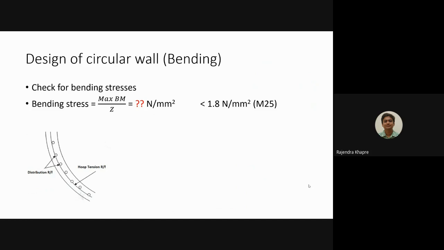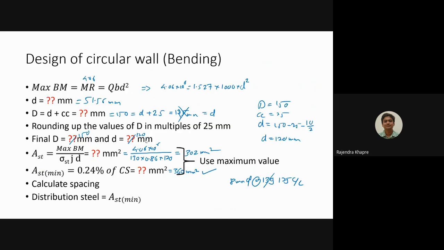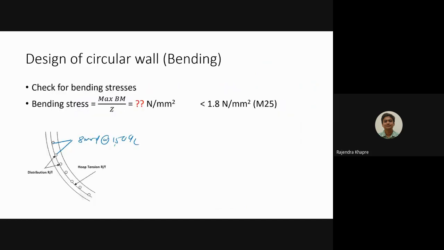So this will be 8 dia at 150... sorry, not 150, this is 125 center to center. This will be the vertical reinforcement. This is the top section which we are showing here. So this way we have to provide the reinforcement.